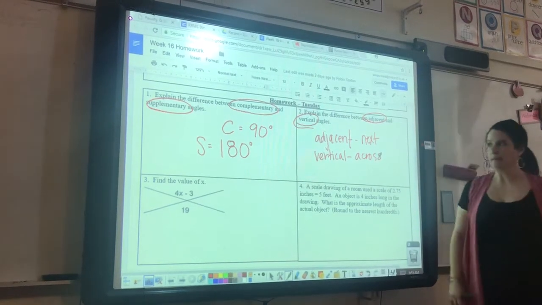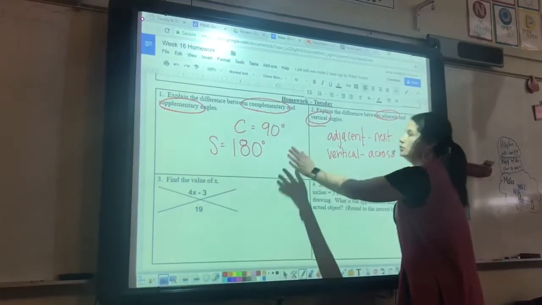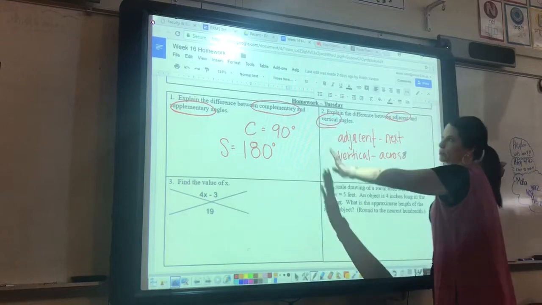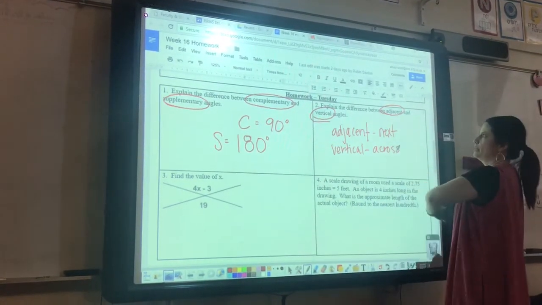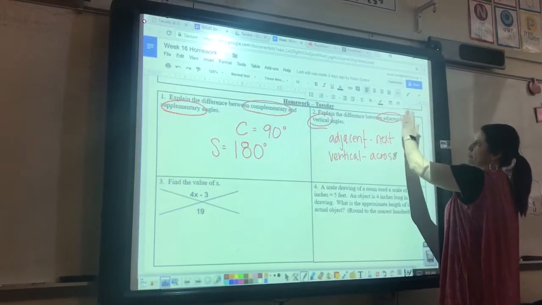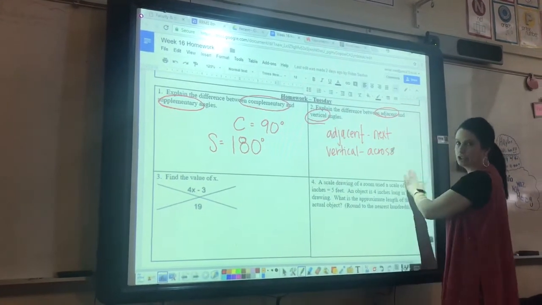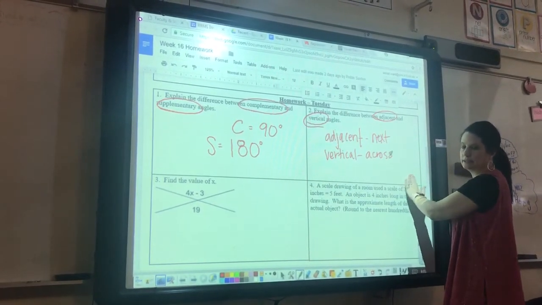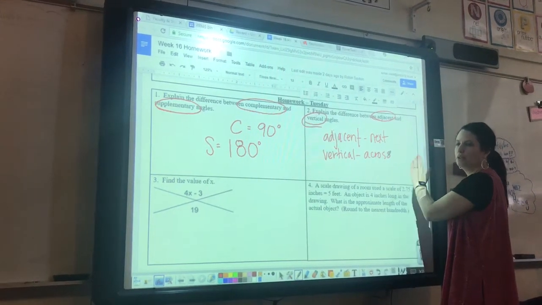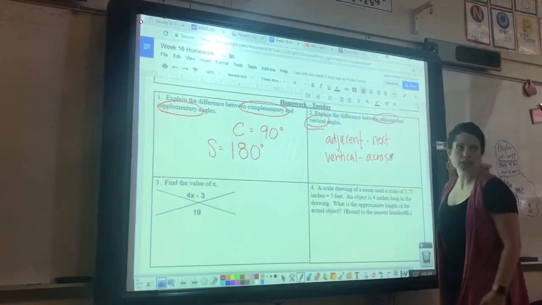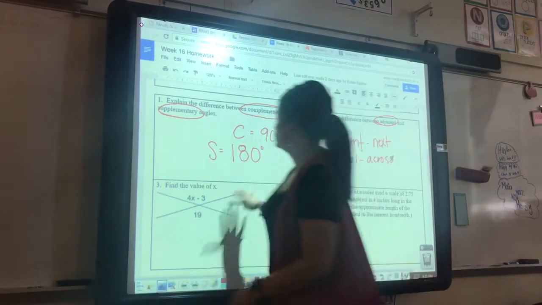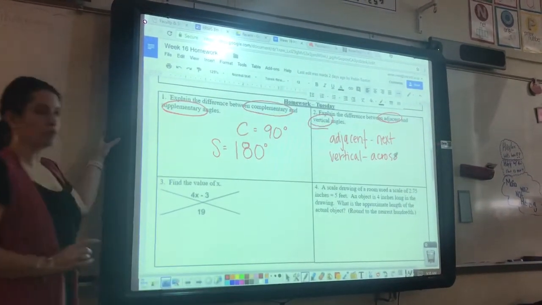Now, it may be a good idea just to help, you may want to draw a picture just to show an example of complementary and supplementary, but I should see words. You may want to draw a picture that I explain the difference between adjacent and vertical, but I should see words, complete sentences. That means capitalization, punctuation, subject, verb, everything that's going to show that you know how to communicate these four vocabulary words.